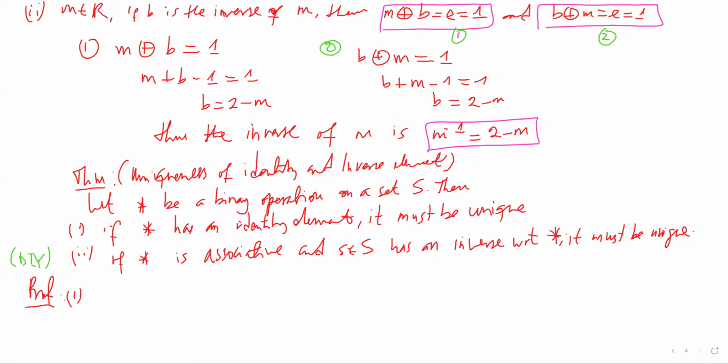So the first one says that if the operation has an identity, then this identity must be unique. If you want to show uniqueness, you must always consider two elements. We've done several examples.